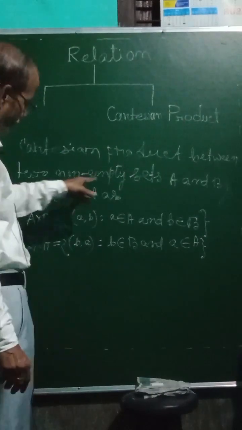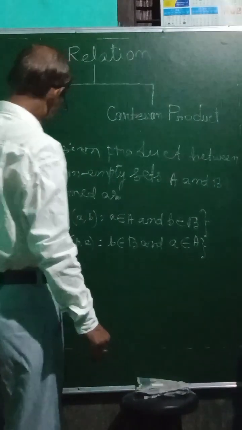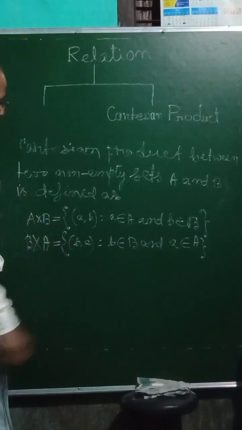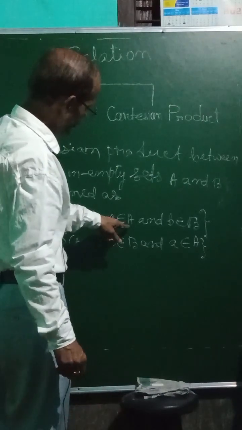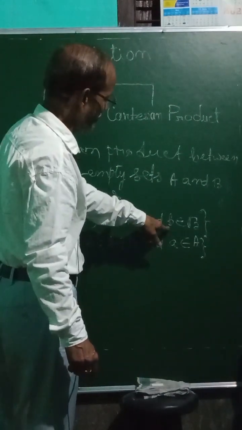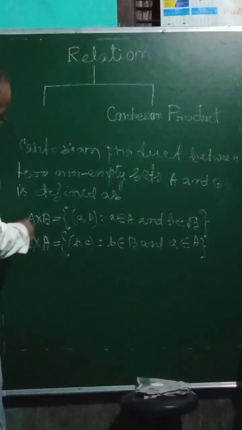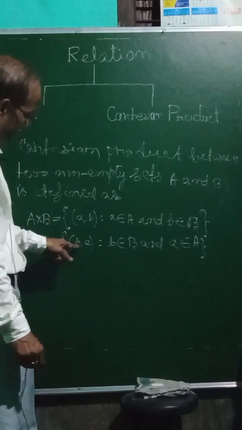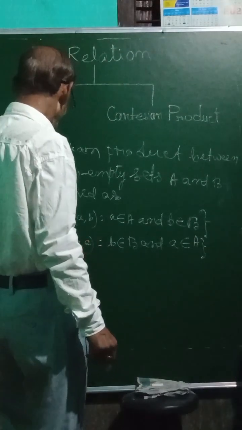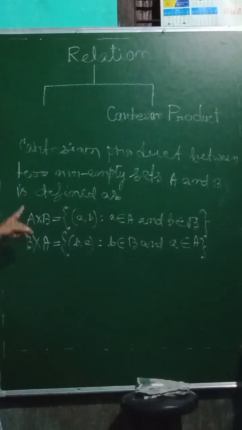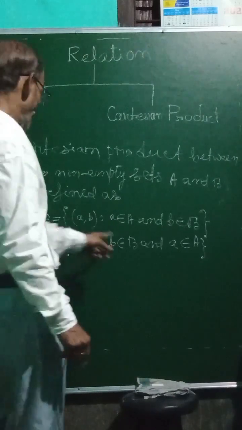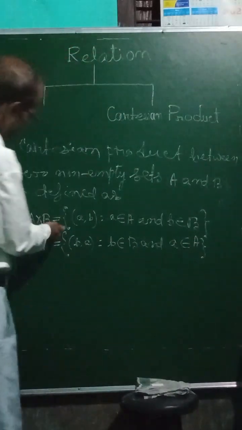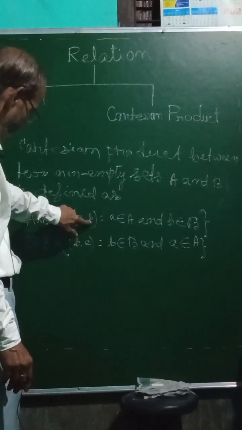The Cartesian product between two non-empty sets A and B is defined as A Cartesian product B equal to the set of all ordered pairs (a, b), such that a belongs to set A and the element b belongs to set B. Or if you write B cross A, then the Cartesian product is the set of all ordered pairs (b, a), such that b belongs to B and a belongs to A. Whichever set comes first should be mentioned first. Whatever you are writing, you must maintain the order.